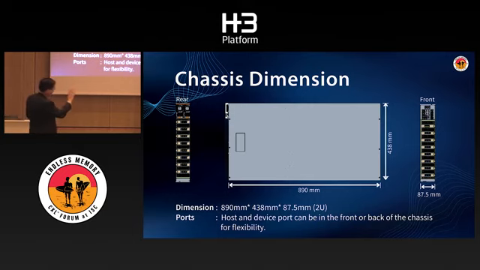And it's around 890 millimeters deep, so it could fit into a 1 meter rack. You can see it's either to the host side or to the memory side, so you have 2 different ways to use it for your cooling and your host connections.